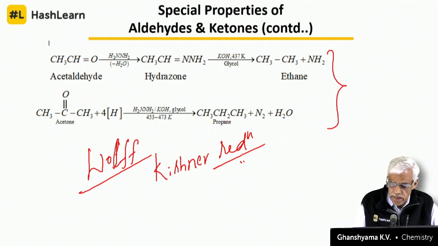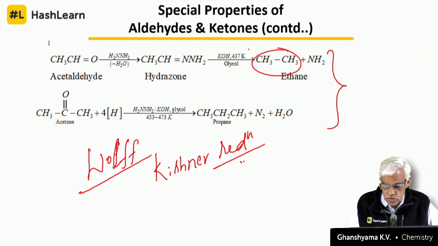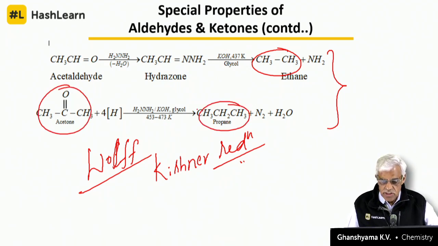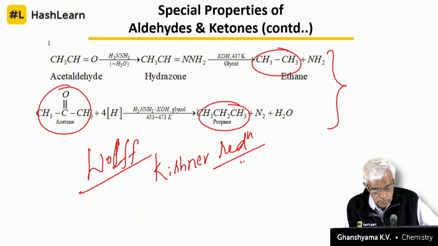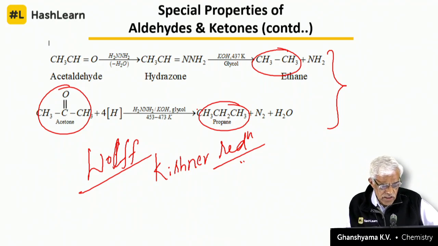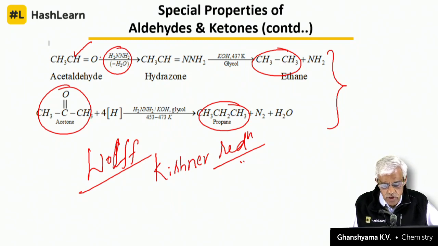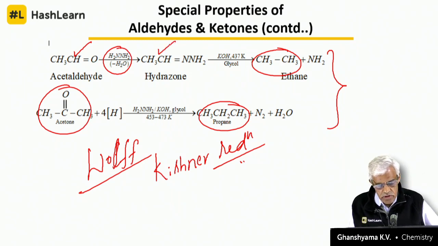Acetaldehyde is finally converted into CH3, same as Clemmensen reduction. Acetone is converted into propane, same as Clemmensen reduction. For this, the aldehyde reacts with hydrazine to form hydrazone. This is acetaldehyde hydrazone.